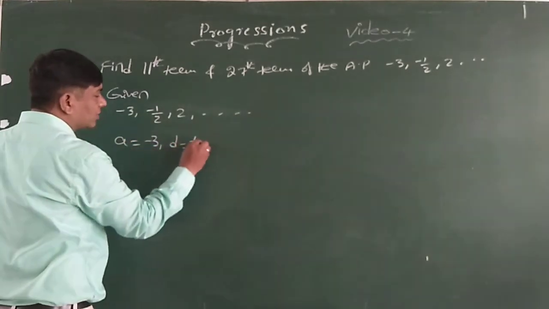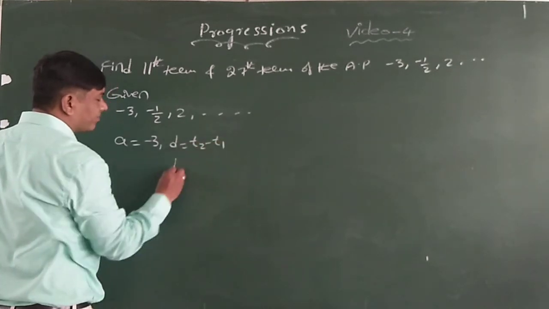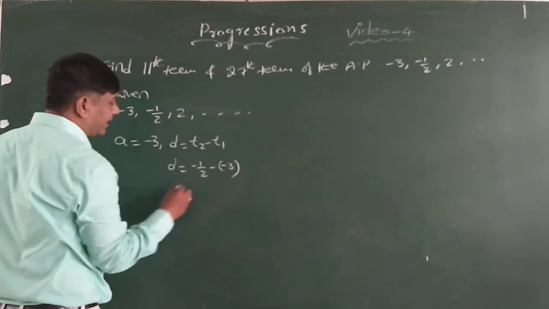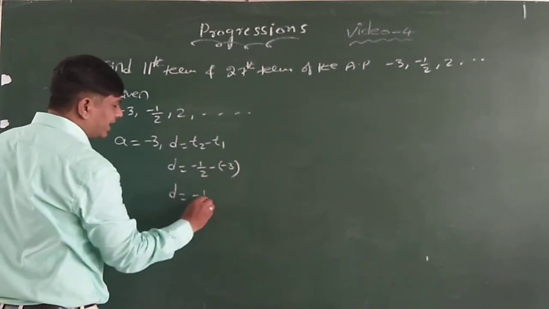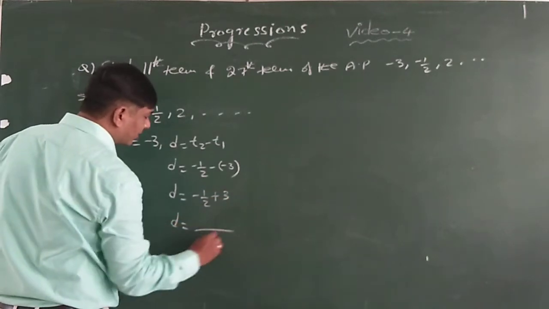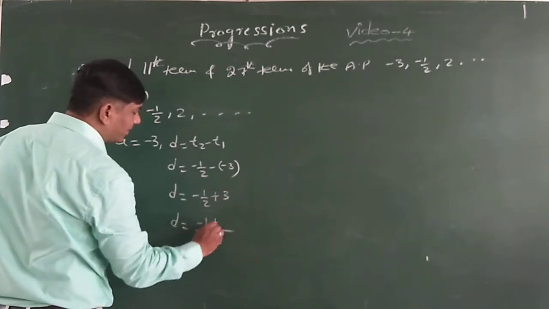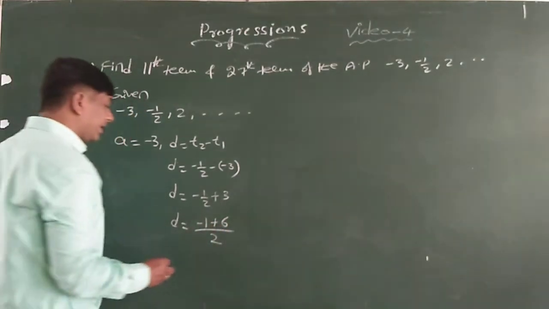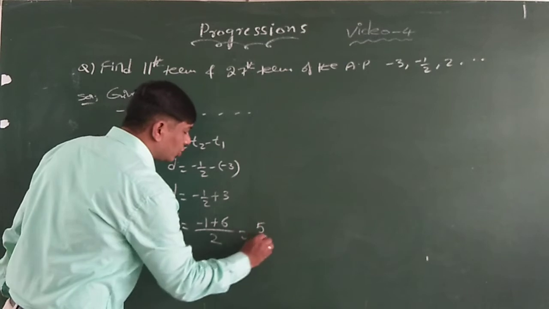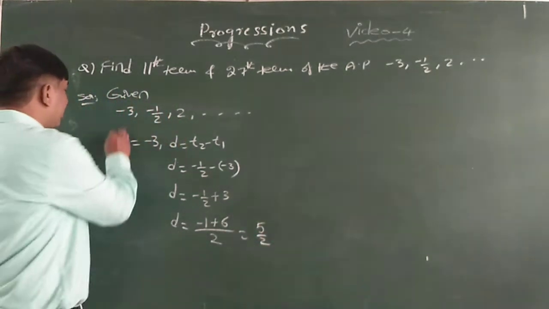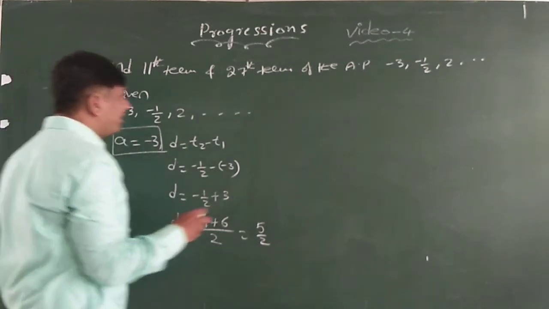D is equal to T2 minus T1, D is equal to minus 1 by 2 minus of minus 3, D is equal to minus 1 by 2 plus 3, D is equal to, LCM 2, minus 1 plus 3 2s are 6, D is equal to 5 by 2. D value I got. Now A value I got.